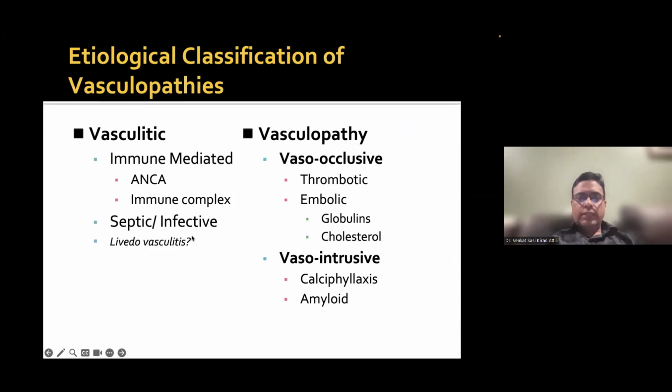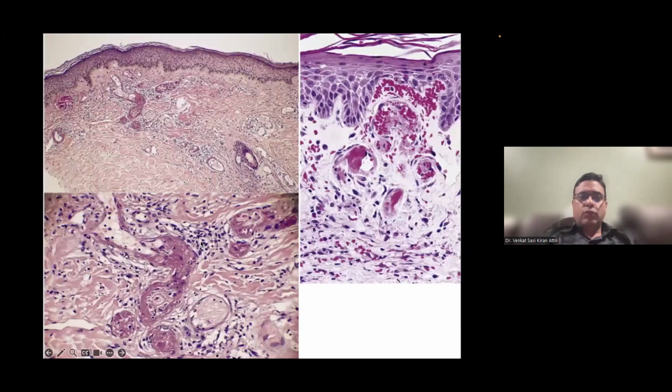Now, before I do that, I think we've got a slide on livedovasculitis. So livedo, the typical textbook description is that you get fibrinoid vessel wall necrosis. Not much in the way of inflammation if you look at standard textbooks. But then there are authors who argue that livedovasculitis is not just a vasculopathy. There is true vasculitis wherein there is inflammation.